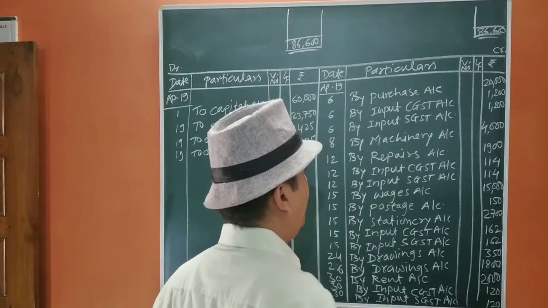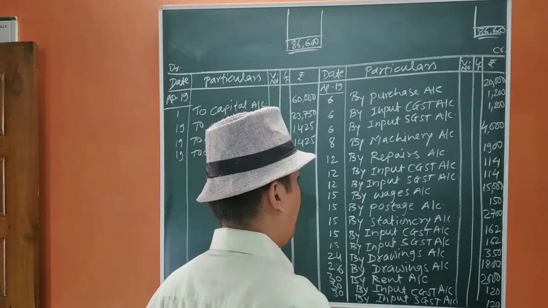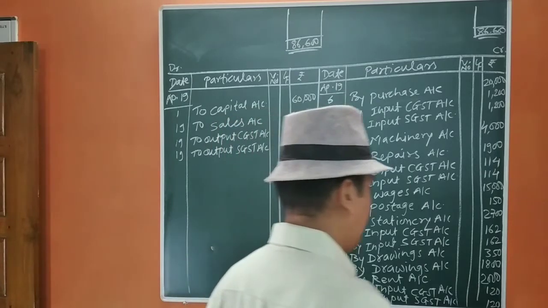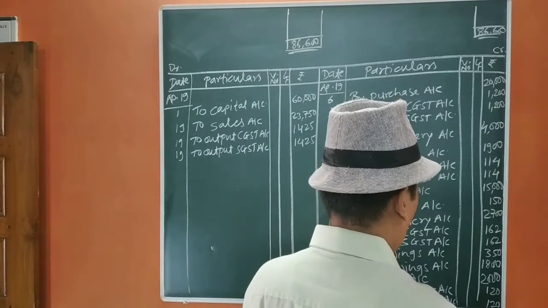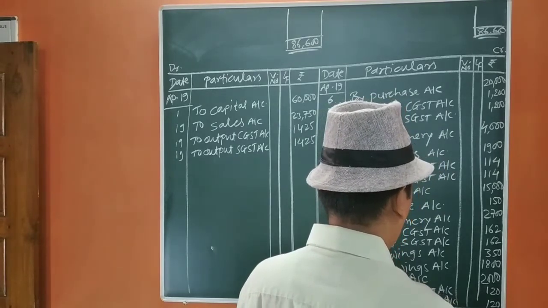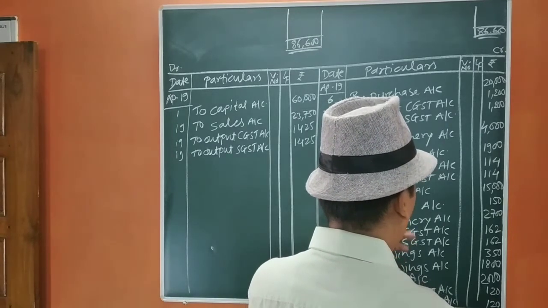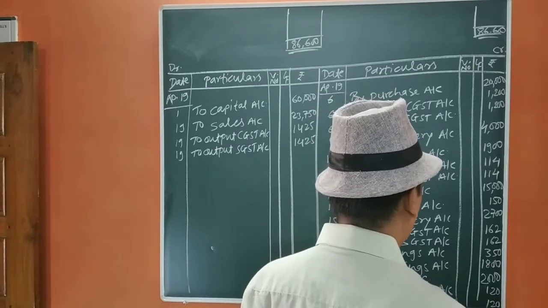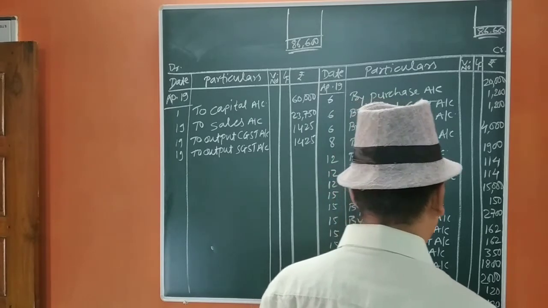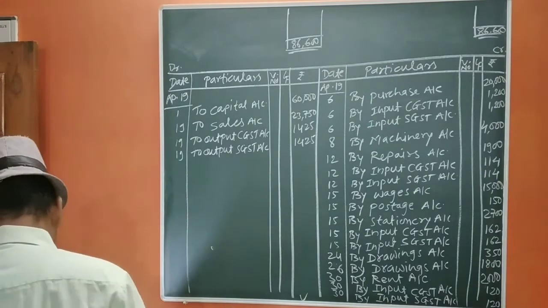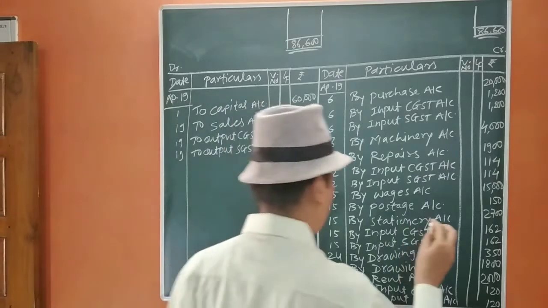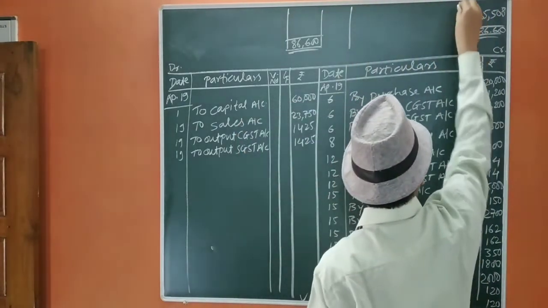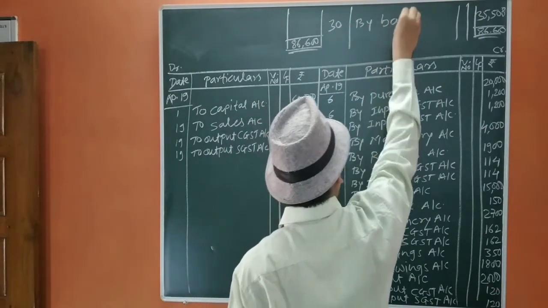The balance is 35,508, 35,508. And the date will be 30 and by balance carried down.